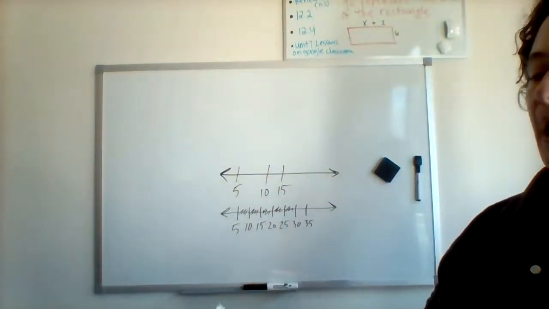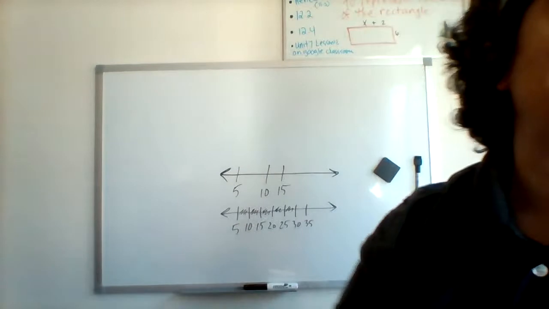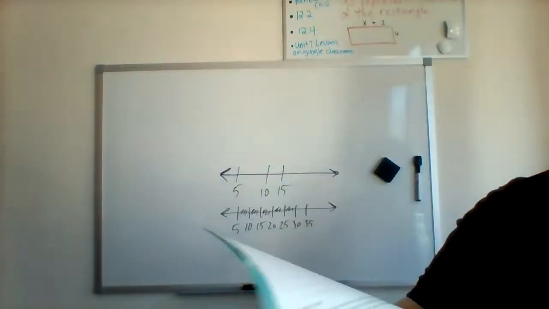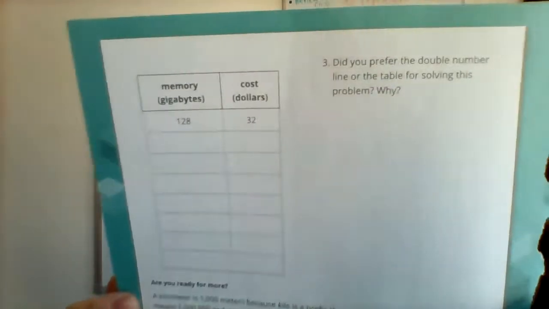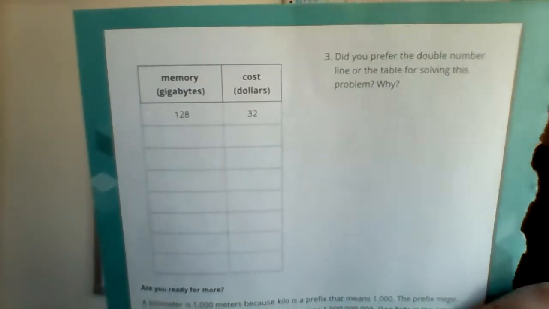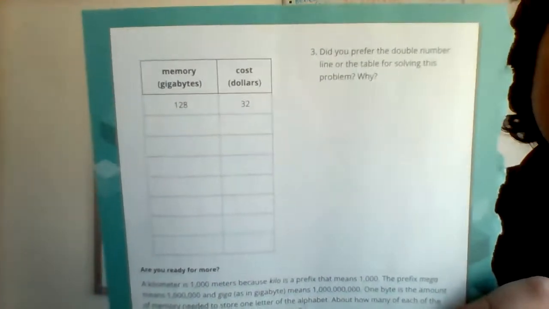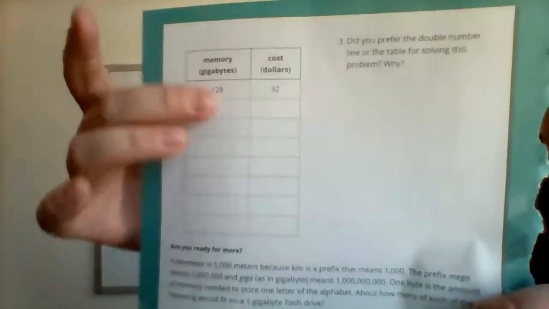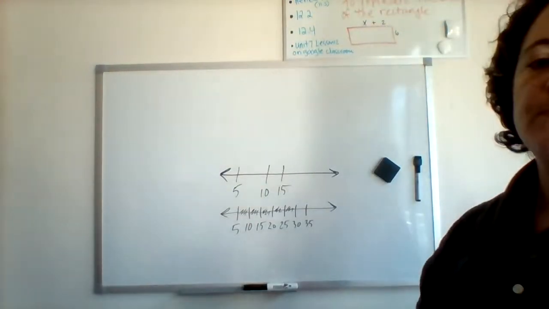So let's find that out, and let's use the table to find that out. So if you have to turn the page, turn the page. And we're going to fill in the table the same way. I want you to keep cutting it in half, cutting it in half, cutting it in half until you run out of room. Would you do that, please?